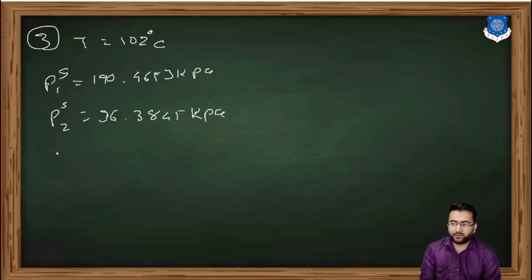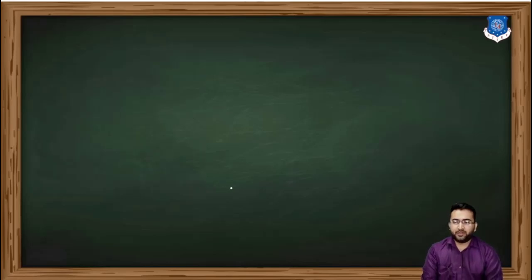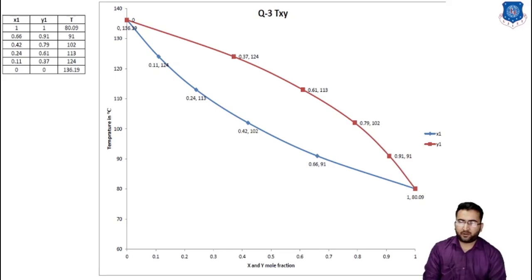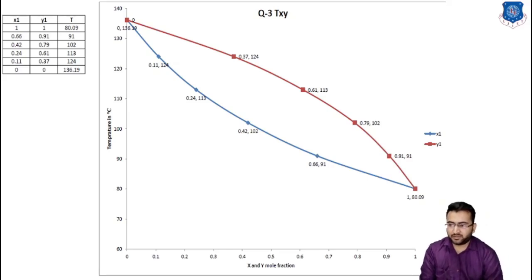Similarly, using equation number 5, we will get the value of x1, which is 0.42294, and y1 becomes 0.67949. So if we make a table for all the different temperatures, using these different temperature values in the Antoine equation, we will get P1 saturated and P2 saturated.